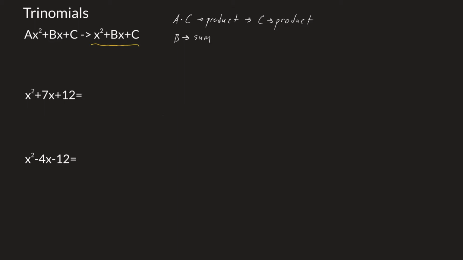So let's apply it with this first example. We have x squared plus 7x plus 12. We want to find two numbers whose product is 12, but whose sum is 7.